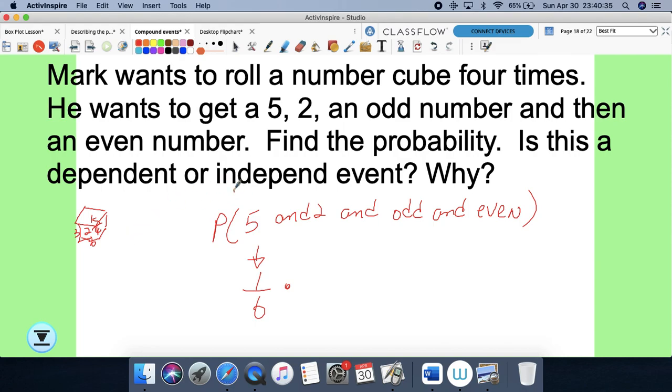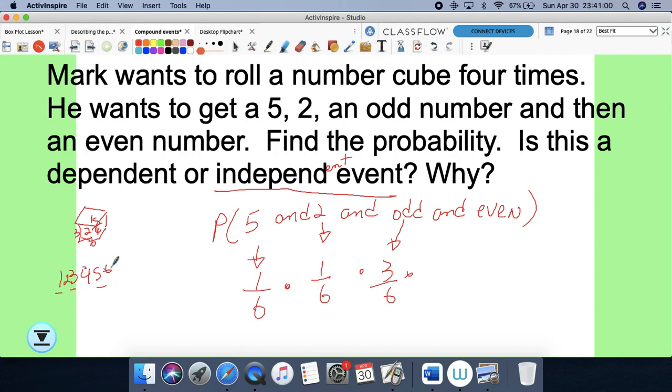But this one is independent, right? Because the first one does not affect the second one. So, what's the probability of getting a 2? 1 out of 6. What's the probability of getting an odd number? 1, 2, 3, 4, 5, 6. How many odd numbers? There's 3, so it's 3 out of 6. Notice that the total doesn't change. What's the probability of getting an even number?